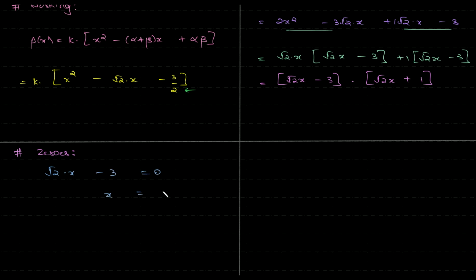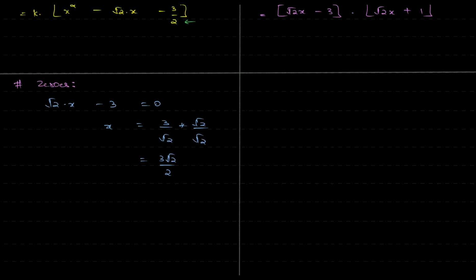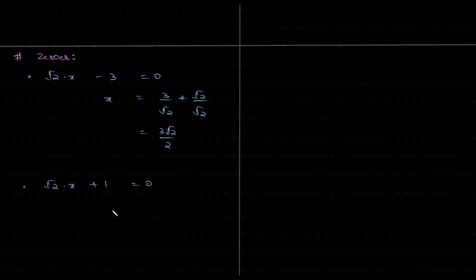So x is equal to 3 by root 2. We need to rationalize this, so I'll multiply and divide by root 2. So this is 3 root 2 by 2. And the second expression, root 2 x plus 1 is equal to 0. So x is equal to minus 1 by root 2.